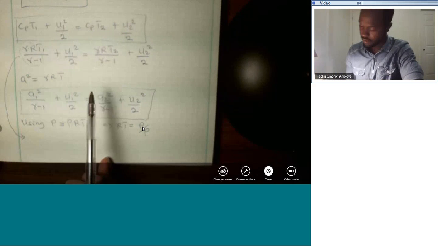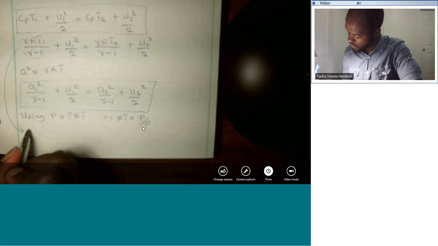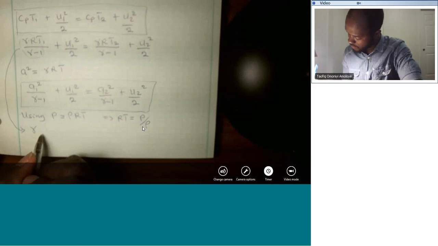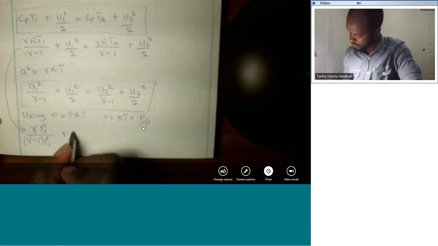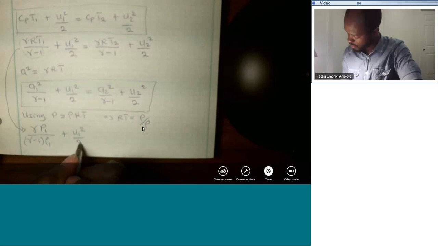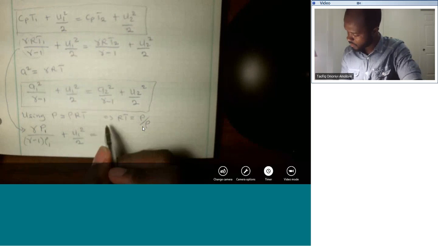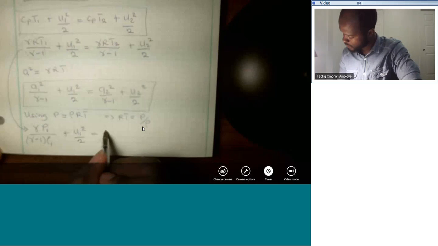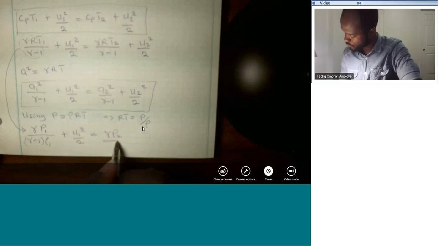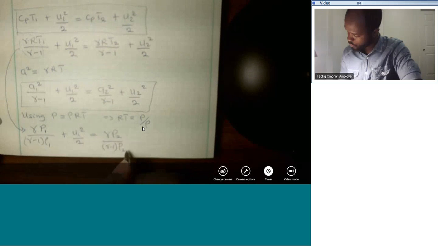So we have gamma P1 over gamma minus 1 rho 1 plus U1 squared over 2 equals gamma P2 over gamma minus 1 rho 2 plus U2 squared over 2.